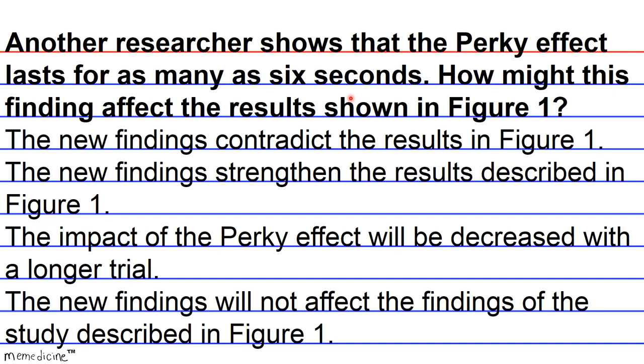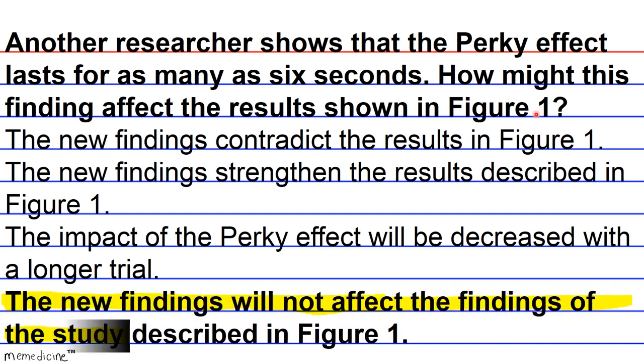So it's not really possible to infer that the results are different from those described in Figure 1, other than both support the existence of a Perky effect. Okay, so the correct answer here would be the new findings will not affect the findings in the study described in Figure 1. It's just a different set of people, different idiosyncrasies, okay?